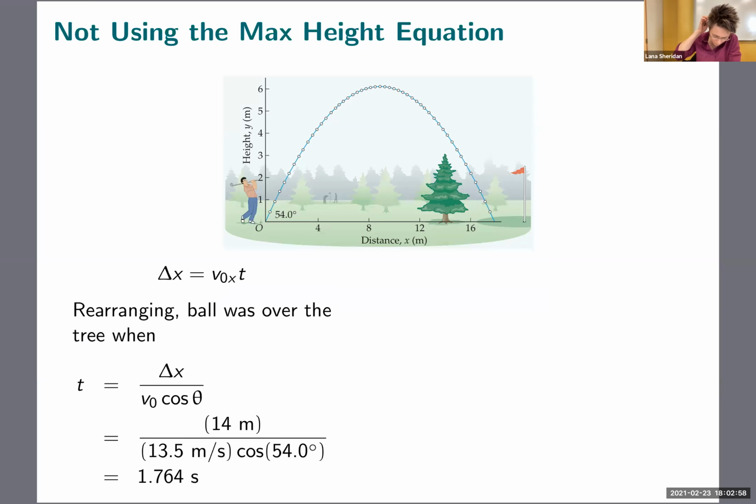Okay. So actually, did anyone find the answer? I've solved the t part for you right now. Can you find the height?